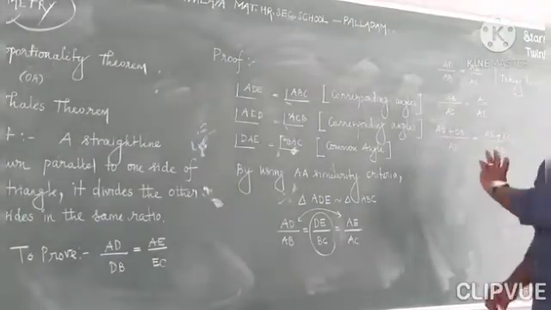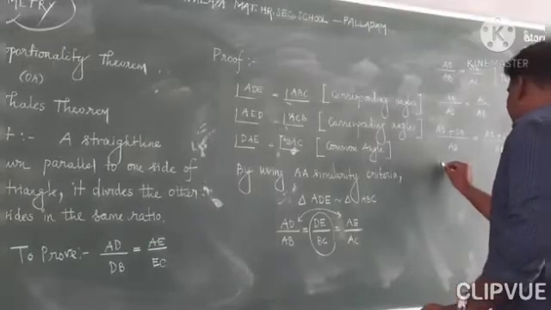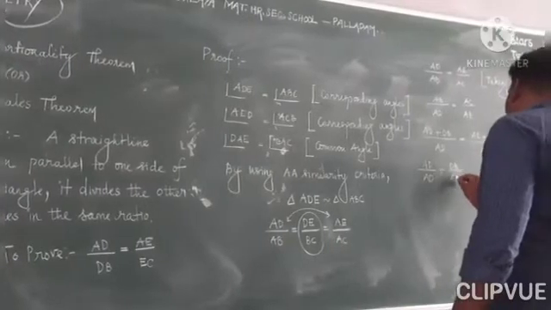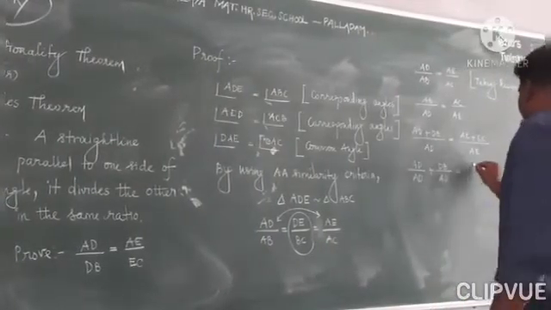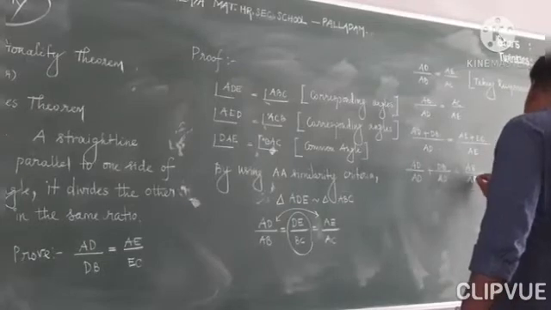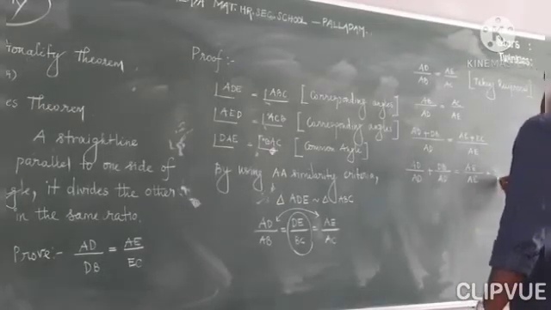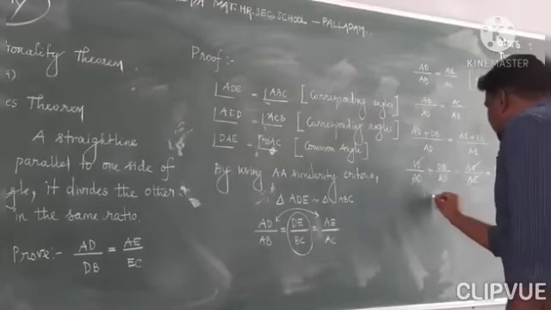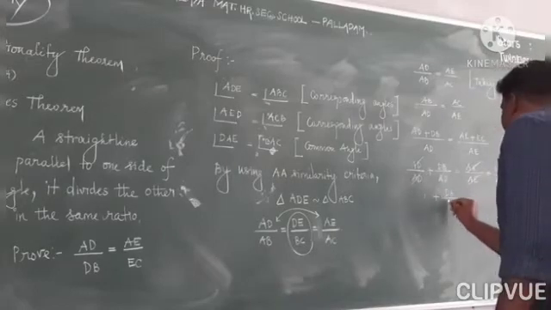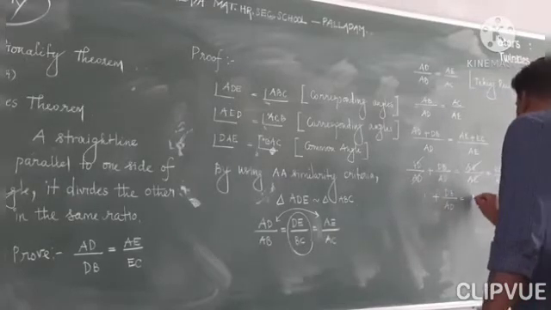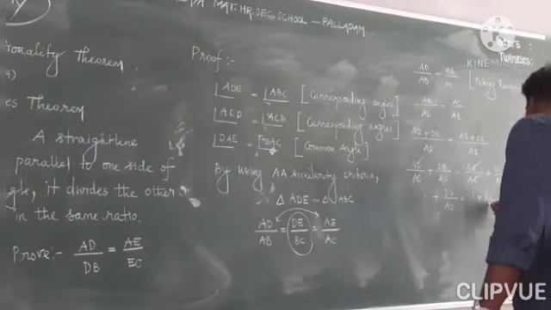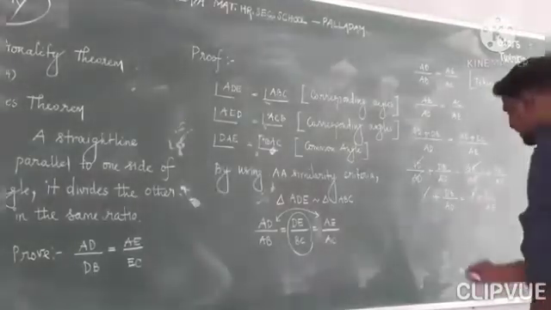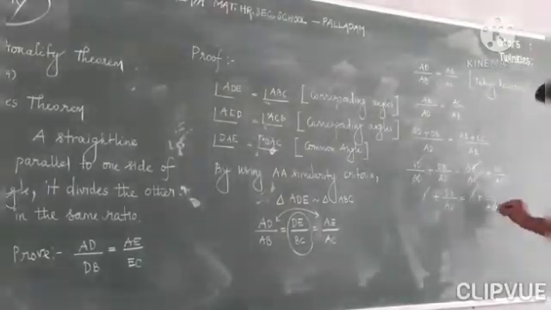Okay, so if you split the terms, AD by AD plus DB by AD is equal to AE by AE plus EC by AE. You can cancel this like this. So 1 plus DB by AD equal to 1 plus EC by AE. You know very well this one will be cancelled. So what do we get? DB by AD equal to EC by AE.